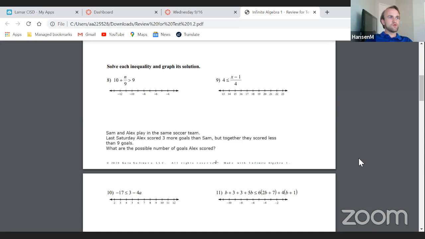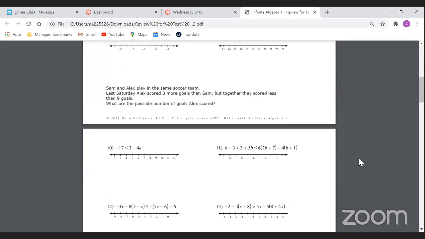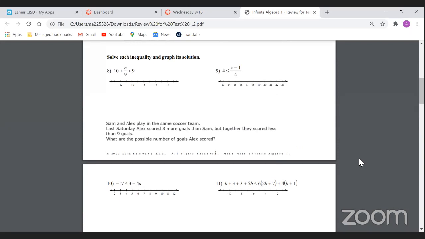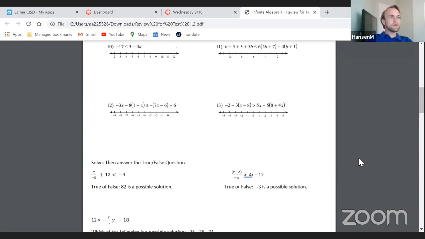We can do number 11, or we can do any of them. Let's see. Can we do number 8 and then this one would be good. Let me show you number 8.